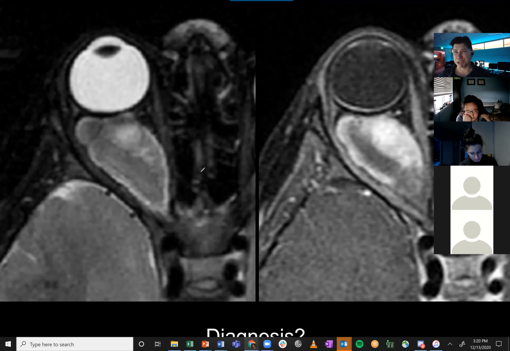It's hard to tell sometimes just on one cut, but let's say this is the optic nerve that's big, right? Okay, and it looks like there's enhancement of the sheath around it. So the nerve and the sheath are both enhancing and expanded? Right. So I guess, differential considerations may include meningioma or optic nerve glioma.